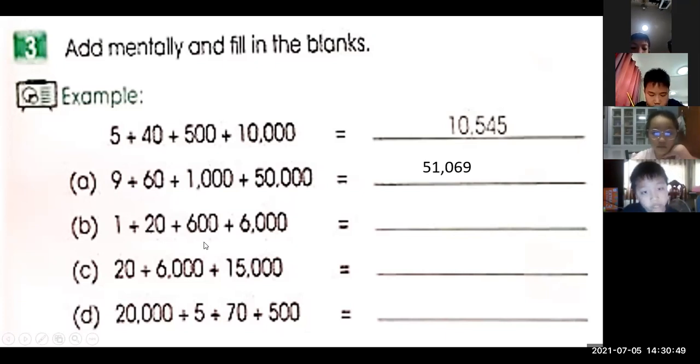Now letter B. 6,621. Okay, 21. 6,621. Letter C. 15,000 plus 6,000 plus 20.